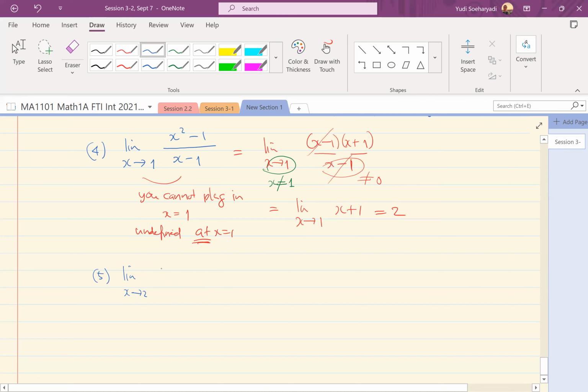Square root of x plus 4, x minus 2 to the fourth over (3x minus 6) squared.